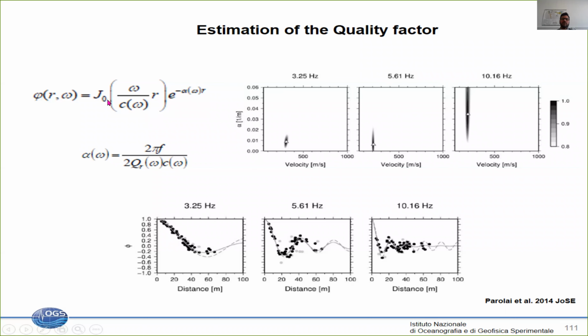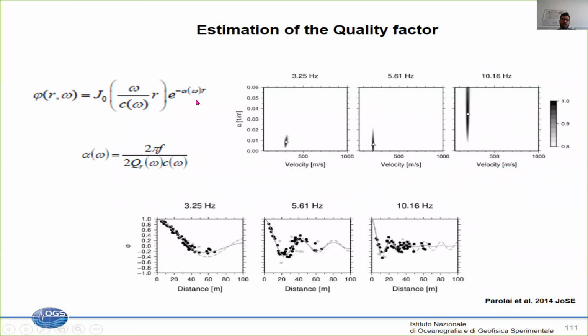Aki was expecting that all the waves were propagating in an elastic medium, so that the attenuation was playing a small role because the distance between the sensors was small. But when we are talking about a small array in our soft material, the attenuation can also be relatively strong because the material is very soft, like clays or sands and so on.